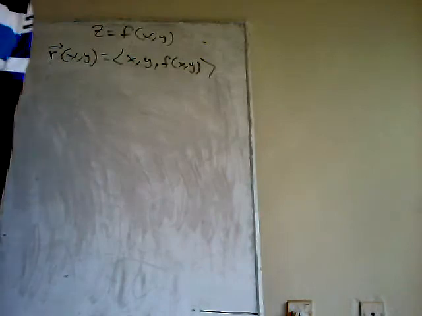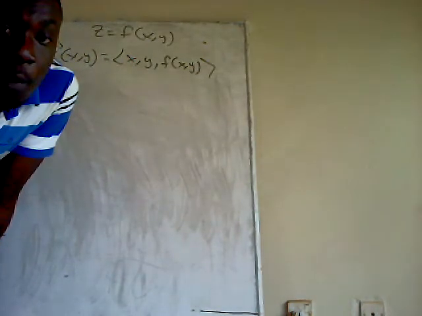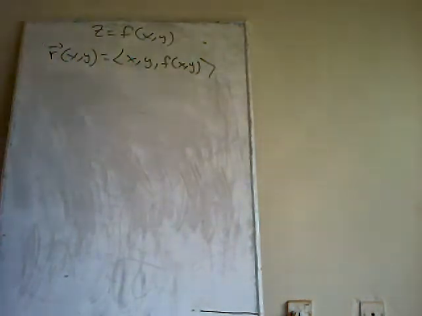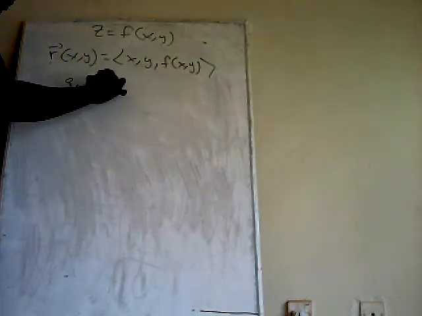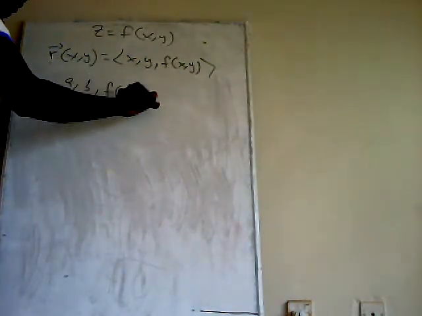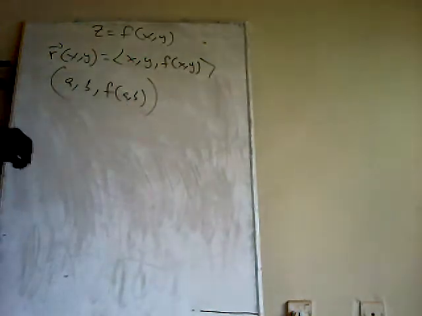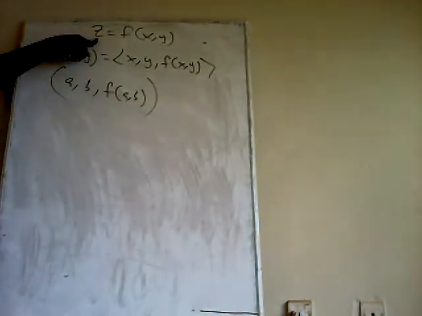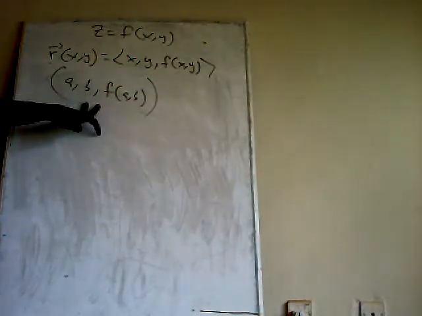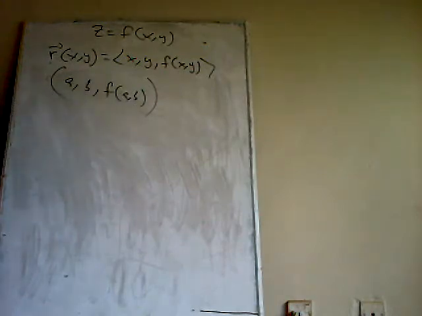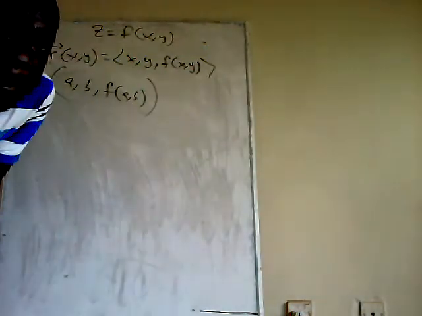Now, at the point a, b, and f of a, b, if z is equal to f of x, y, when we put a, b here, we get f of a, b. So there is a point a, b, f of a, b.